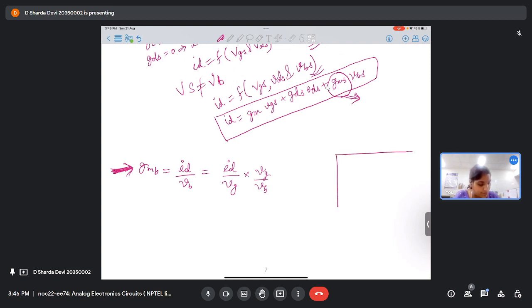And if I talk about a MOSFET, let's draw the MOSFET first. I'm drawing an NMOS.